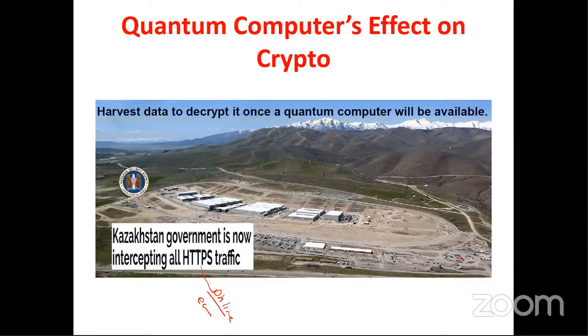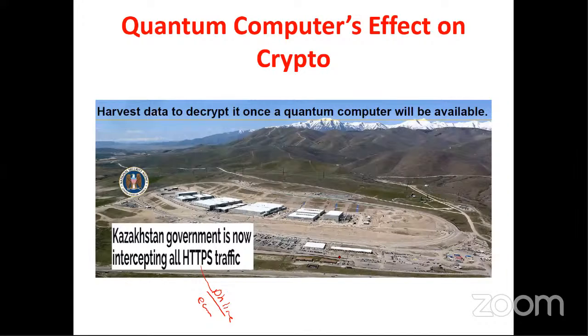So today they cannot break that encryption, but whatever traffic is encrypted using those ciphers, they are just dumping it in large data centers. So this is the real picture, that they are saying that there are large data centers in this country, and they are storing those kind of information.